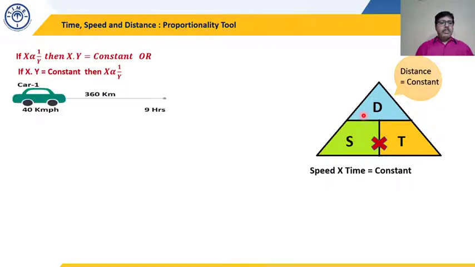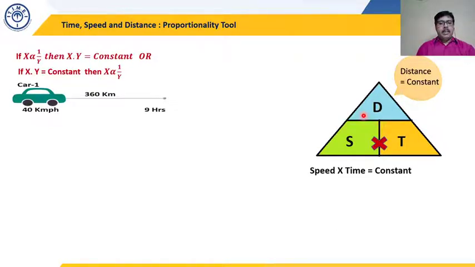So let's say the first moving object is car number 1, whose speed is 40 km per hour. So it will take 9 hours to cover a distance of 360 km. 360 divided by 40 is equal to 9, or 40 into 9 is 360, and 360 is constant.